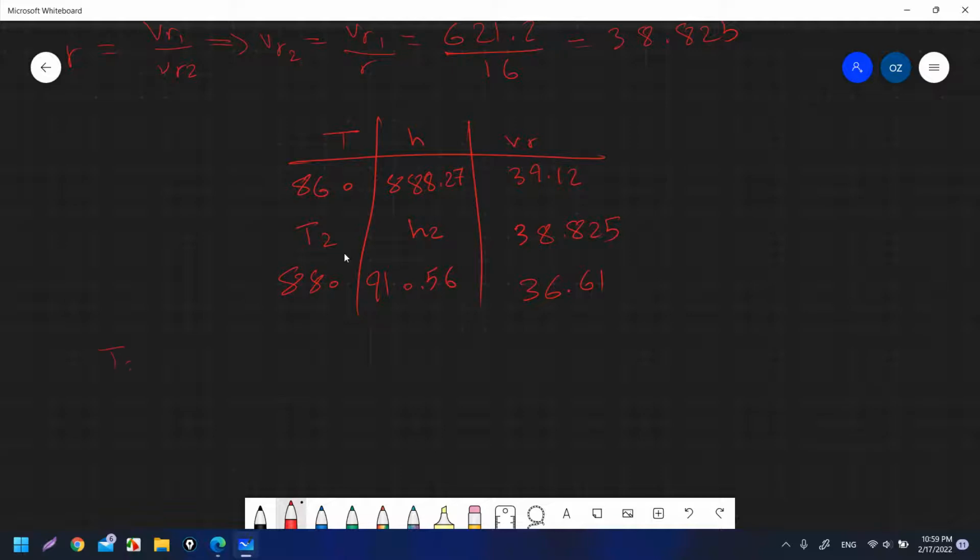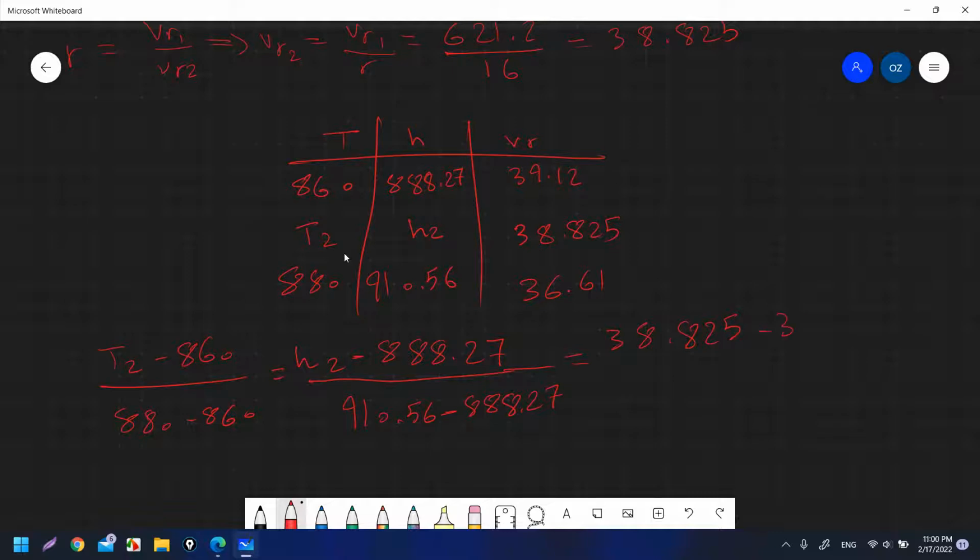36.61. So (T2 minus 860) over (880 minus 860) is equal to (h2 minus 888.27) over (910.56 minus 888.27), and this will equal (38.825 minus 39.12) over (36.61 minus 39.12).